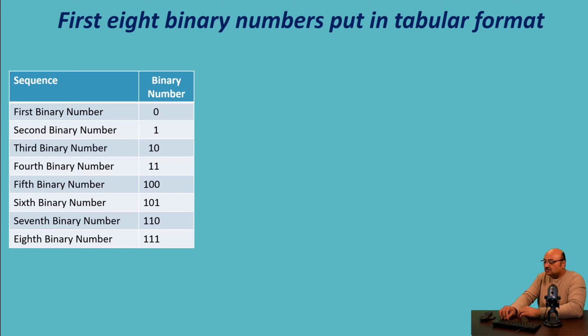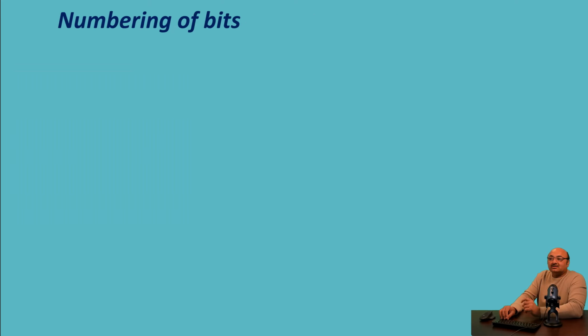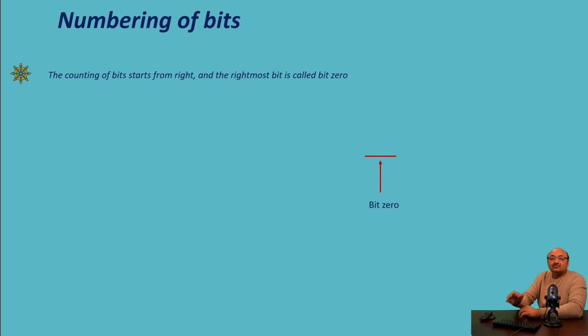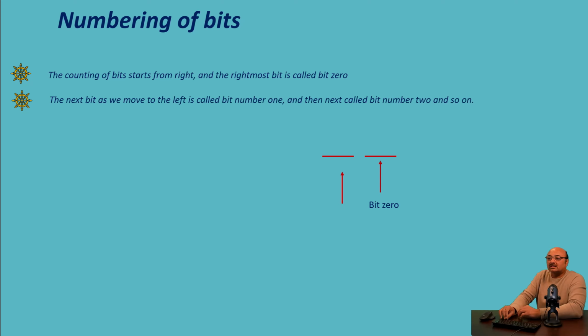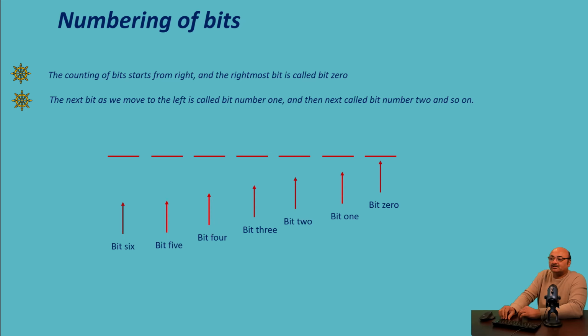The next key thing is the numbering of bits. The counting of bits starts from the very right, and that bit is known not as the first bit but as bit number 0. Then as we move from right to left, the bit numbers are called 1, 2, 3 and so on: bit 2, bit 3, bit 4, bit 5, bit 6 and bit 7.